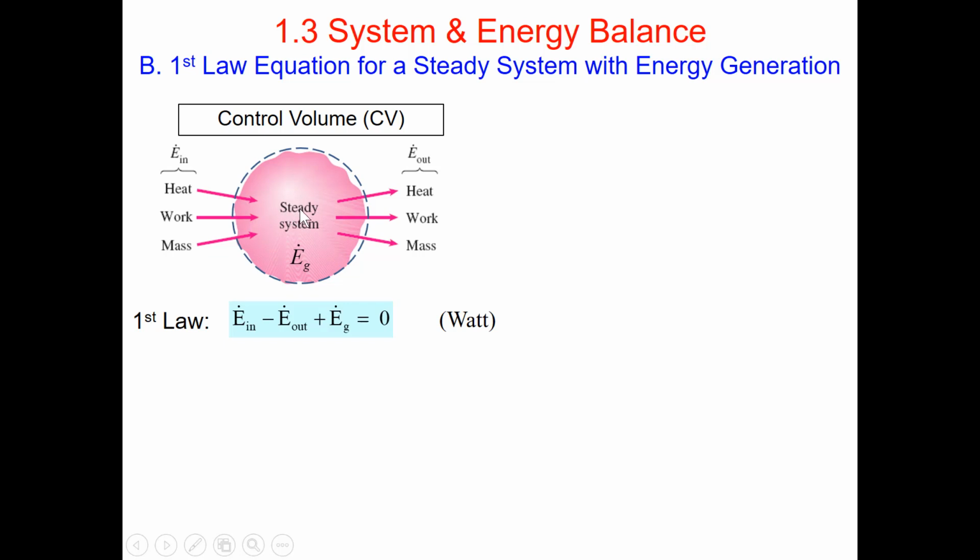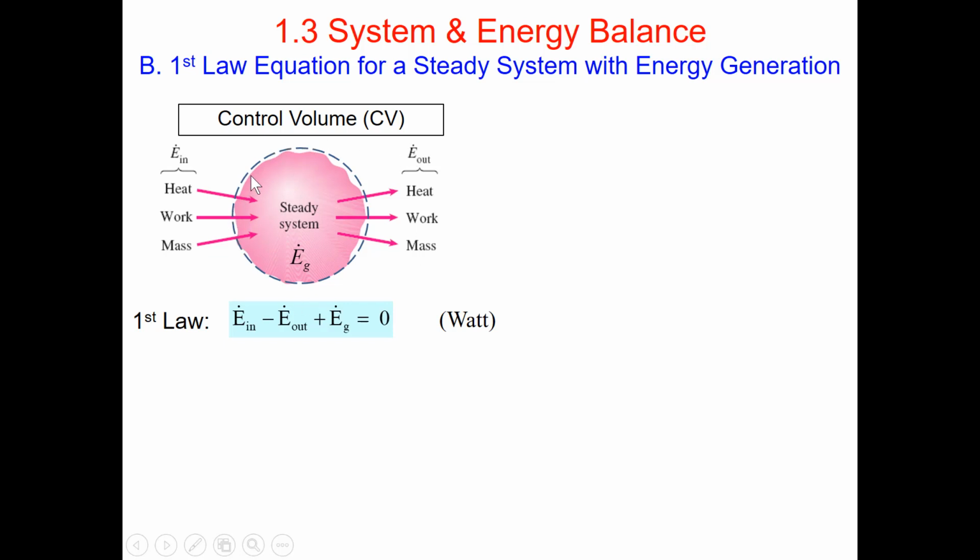The system is steady, indicating nothing will change over time. Therefore, change in any variable, such as energy, would be 0.